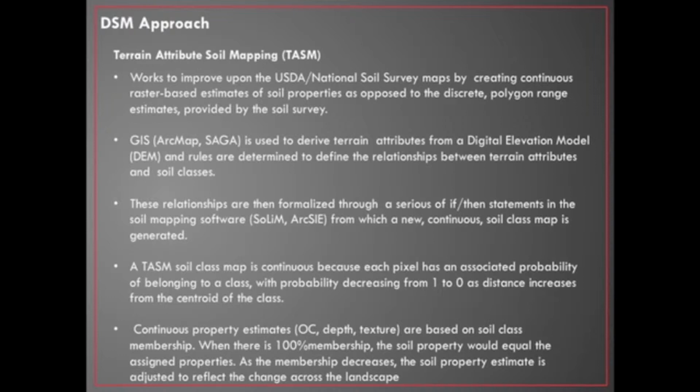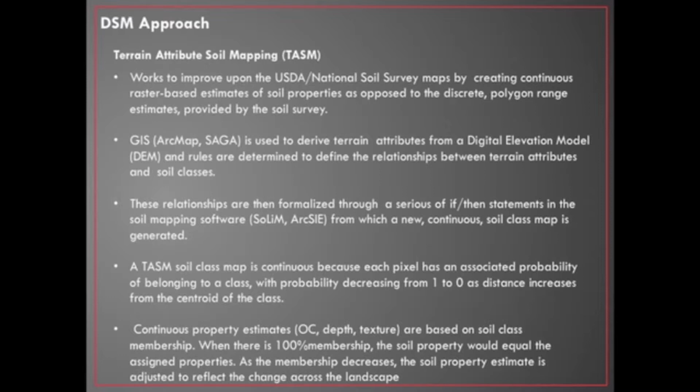We take a digital elevation model, which represents our topography, and derive terrain attributes from it. These are mathematical representations of features of topography, such as slope percent and aspect, all derived by algorithms from the digital elevation model.